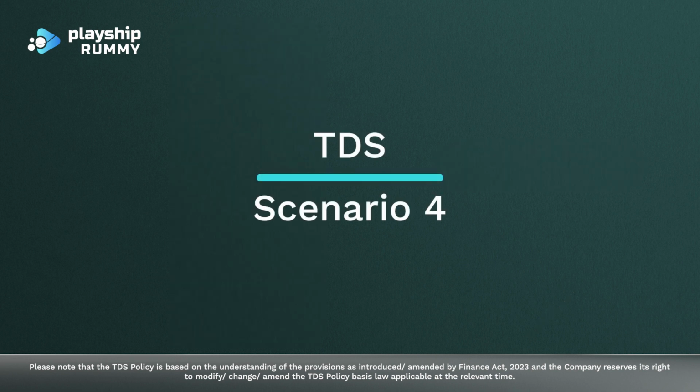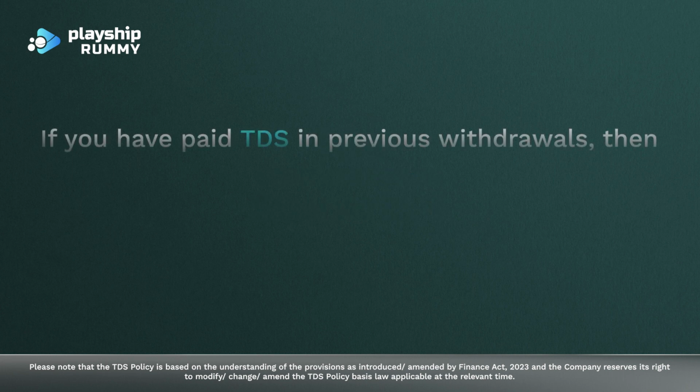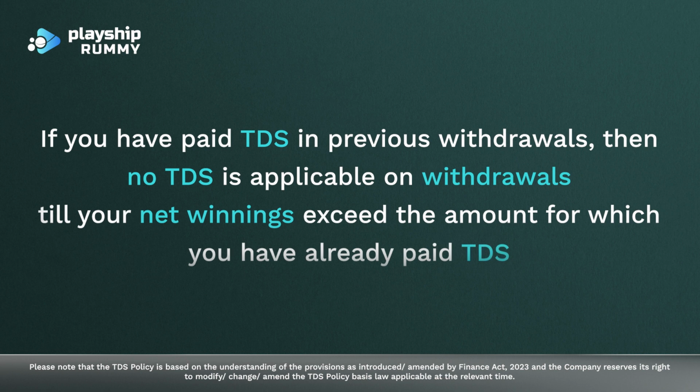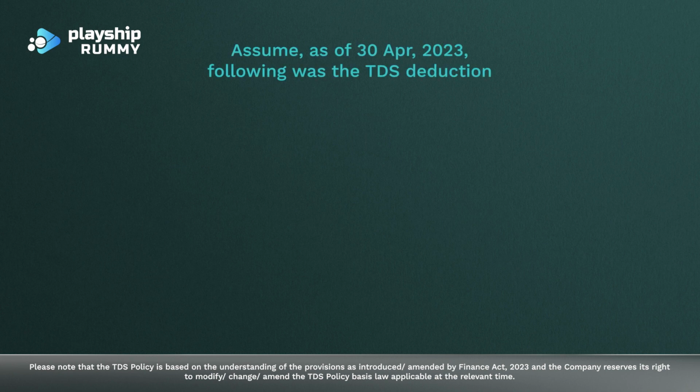Scenario 4. If you have paid TDS in previous withdrawals, then no TDS is applicable on withdrawals till your net winnings exceed the amount for which you have already paid TDS. Let's understand this through an example for better clarity. Assume as of 30th April 2023, the following was the TDS deduction.